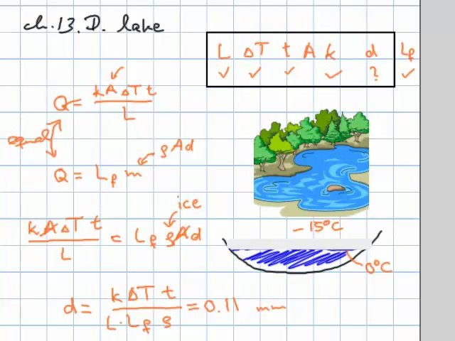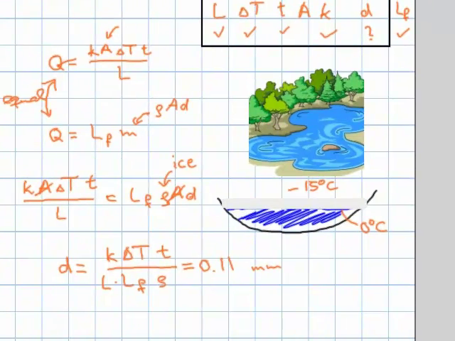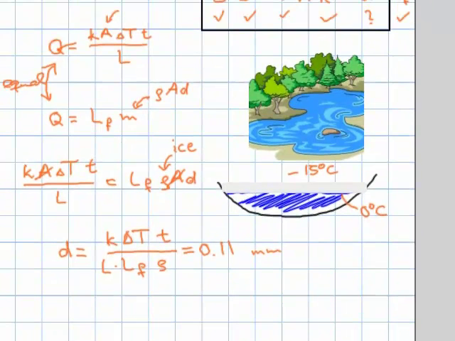Okay, and here I do want to do a unit analysis to finish this problem. So the K is given in the book as joules per second, meters, and Celsius degrees, and I better double check that I don't make a mistake here. Yeah, joules per second, meters, and Celsius degrees. Temperature difference is given in Celsius degrees.